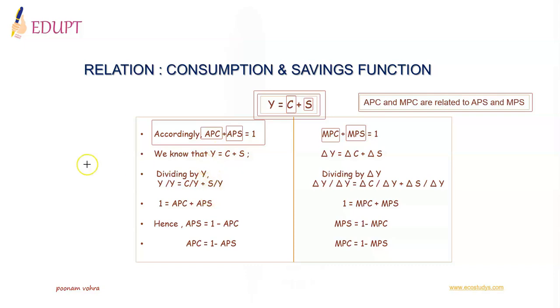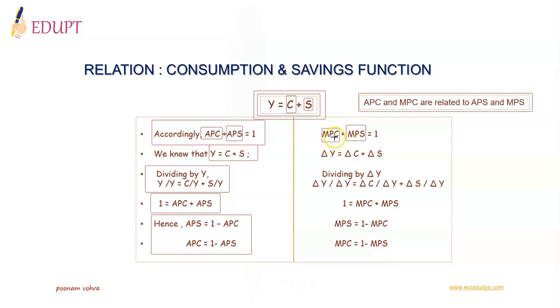This can be proved by simple algebraic expression. Dividing by Y on both sides, you get 1 is equal to APC plus APS. Hence, we have this relationship that APS is equal to 1 minus APC and APC is equal to 1 minus APS.